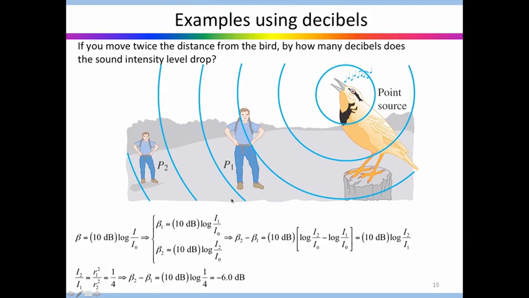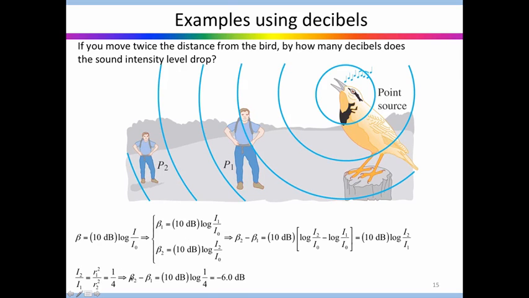Here's an example using decibel. If you move twice the distance away from the bird, by how many decibel does the intensity drop? If you move twice as far away, we know from the intensity formula that I2 over I1 is R1 square divided by R2 square.